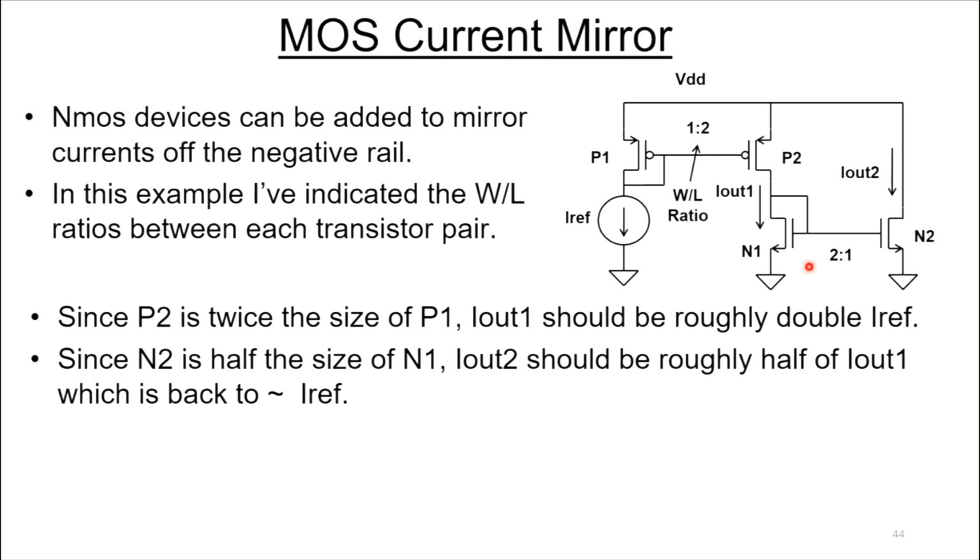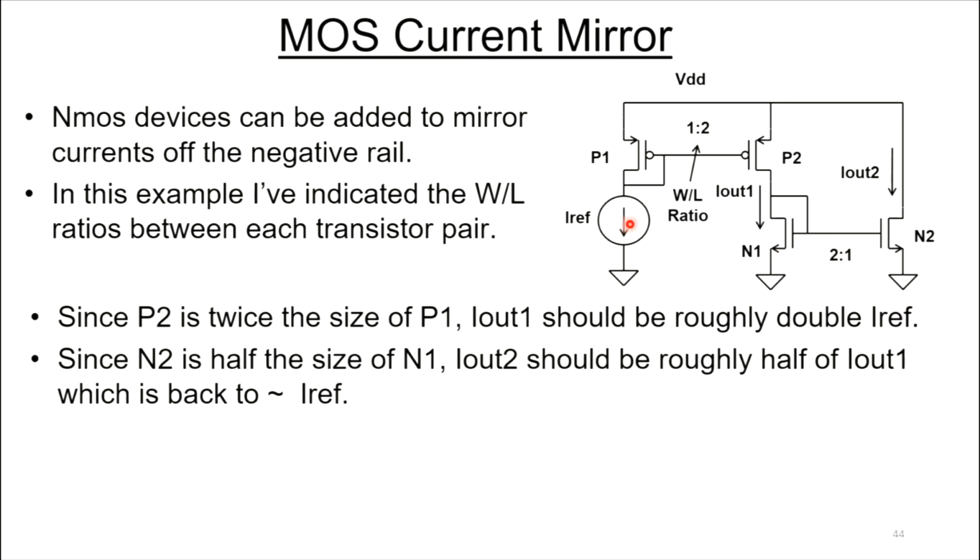Here's our diode connected NMOS device. And here I flipped the script. I went 2 to 1. So now I'm reducing the current. So I gained the current up by a factor of 2 here, but now I'm reducing it by half.